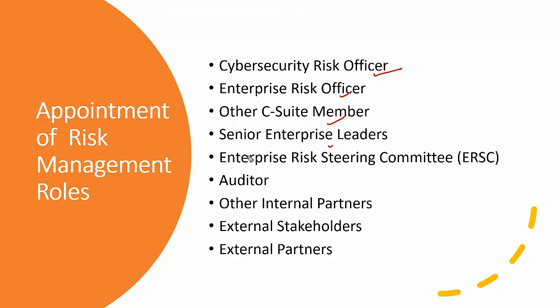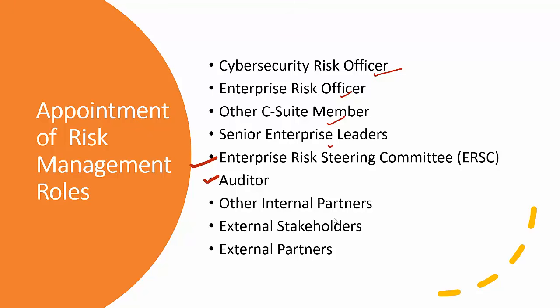Then we also have an enterprise risk steering committee, which is responsible for receiving risk management information from throughout the enterprise and considering the overarching impact. Then we have an auditor, who provides independent verification regarding the achievement of enterprise objectives and the application of the ERM process, and regularly reports the issues.